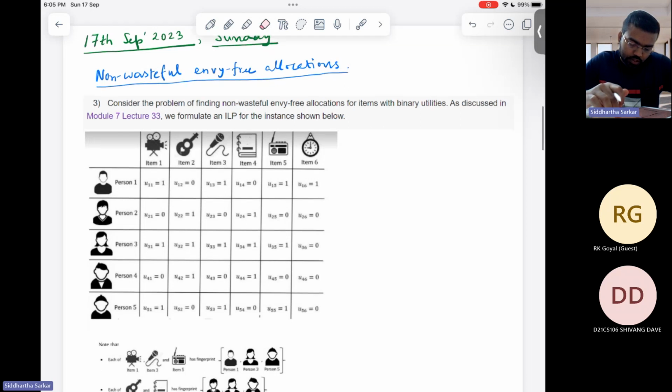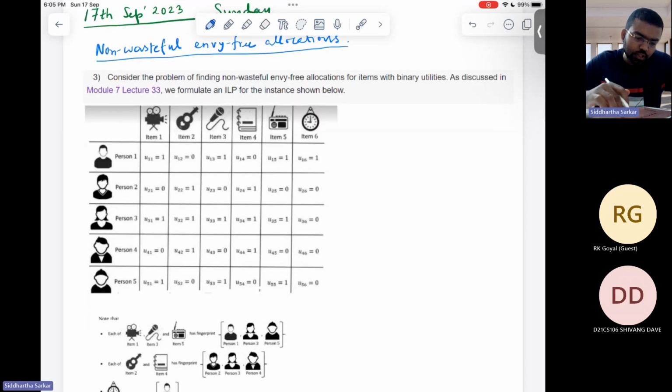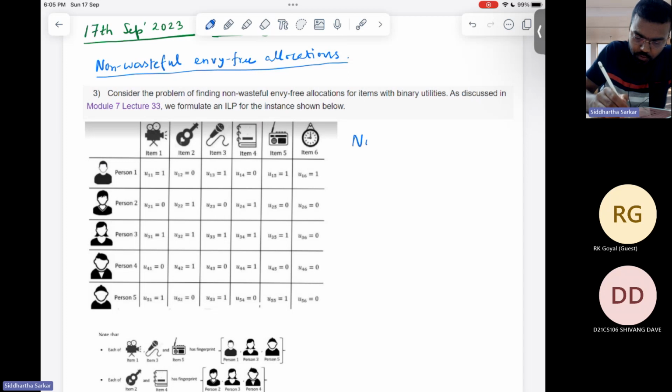The first property is non-wasteful, meaning that everyone gets items that he or she likes.